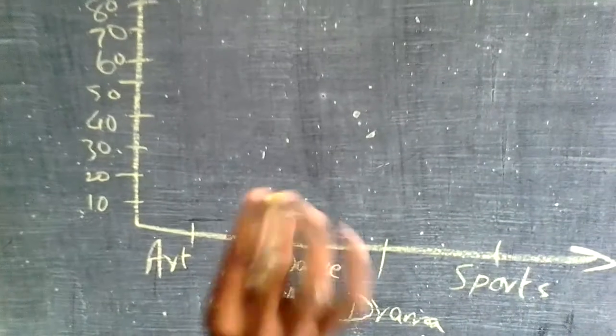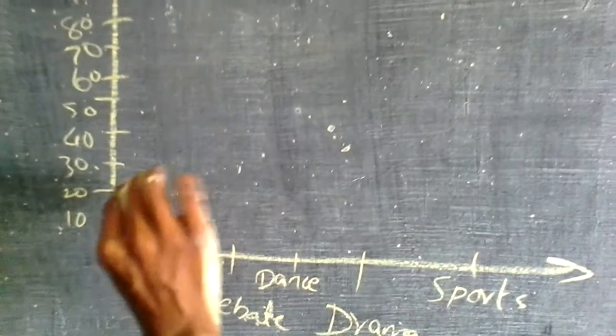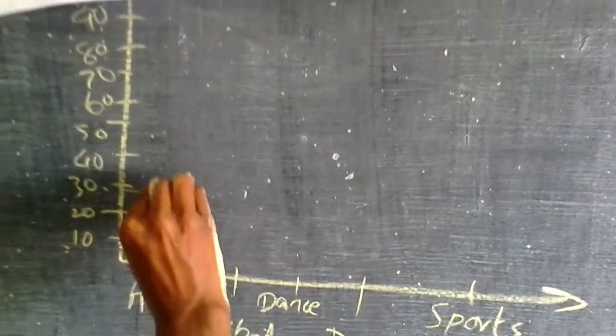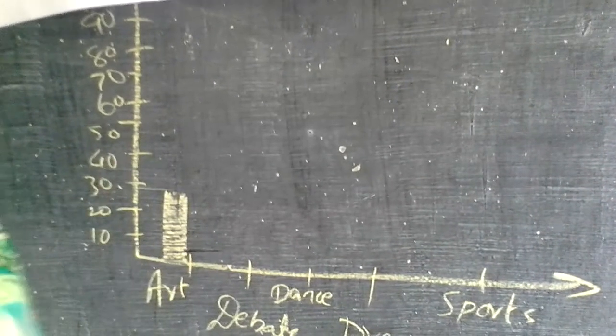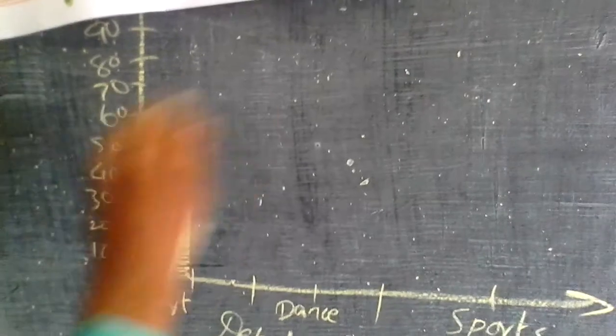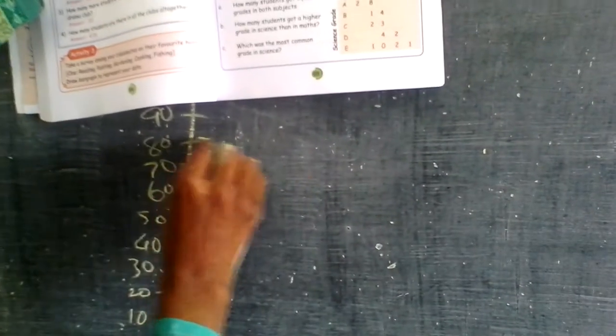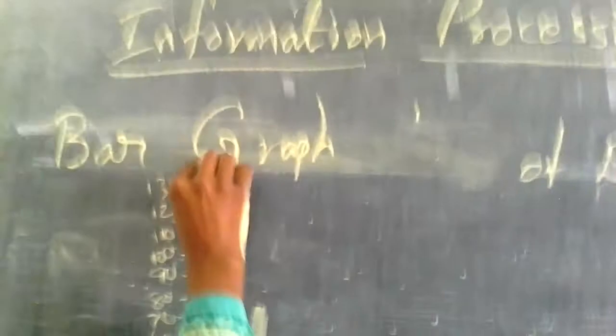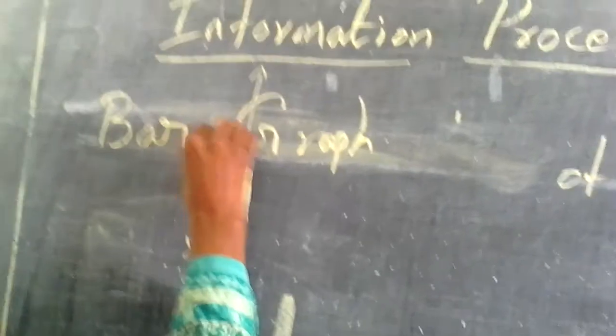Now art club is 28. So let me take this for a bar. So art it is 28. That's it. Then for debate club it is 80. The bar I am putting. The dance club it is 150. Oh, we have to extend still. This is 140 and we will have this as 150.